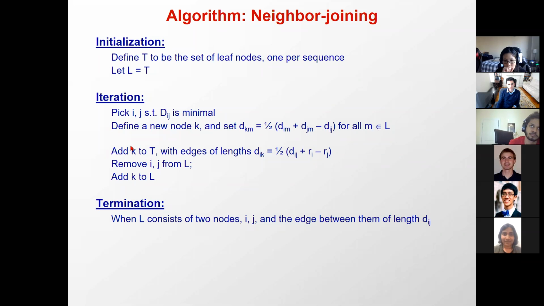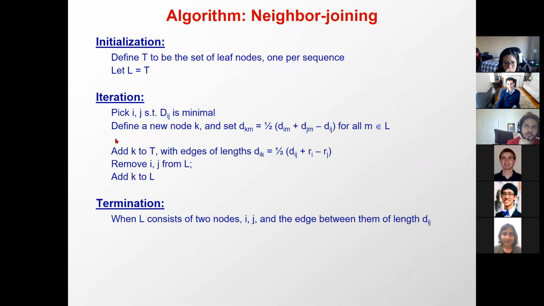And then you add this new node k to T with edges of length this, which includes that adjusted distance. And then you remove that pair of nodes from the original set, and you now add the new combined node. And then you iterate until there are only 2 nodes, and then the edge between them is of the appropriate length.